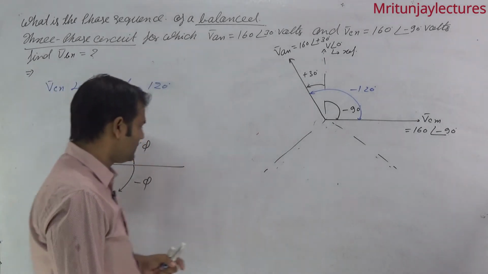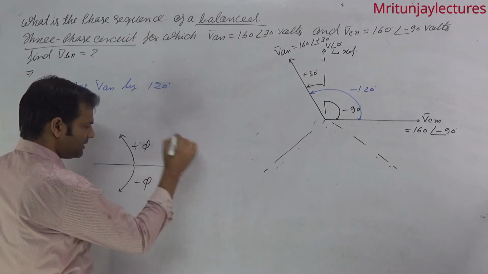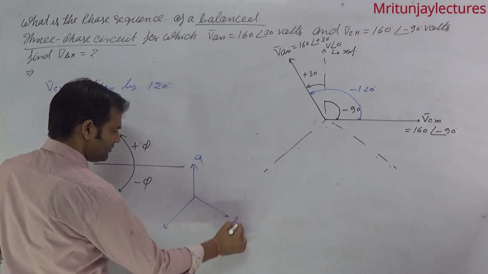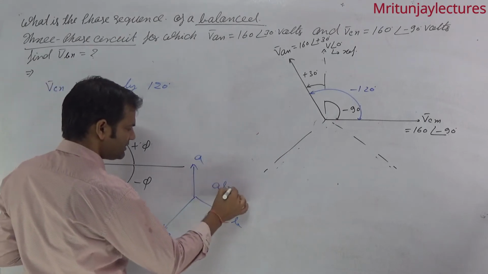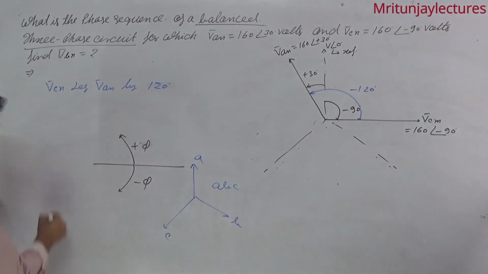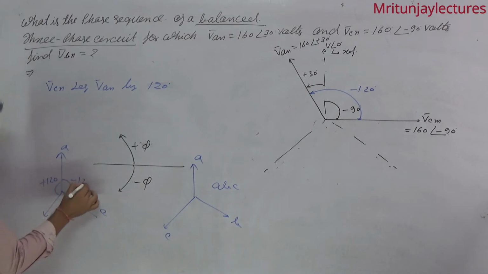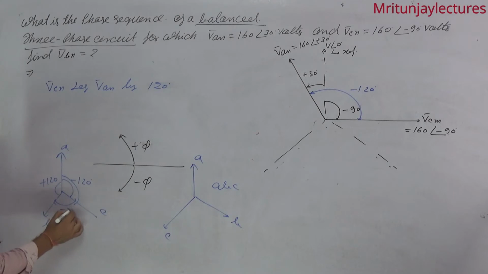Clear? About this sequence, I know that there are two types of sequence: the ABC sequence, or ACB. Plus 120, minus 120, and this one corresponds to this one, that is -240.